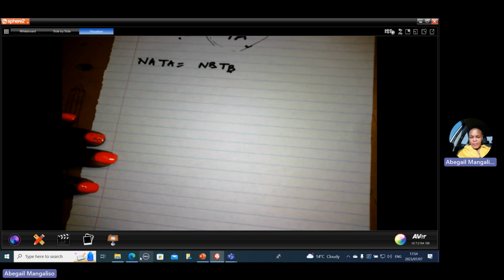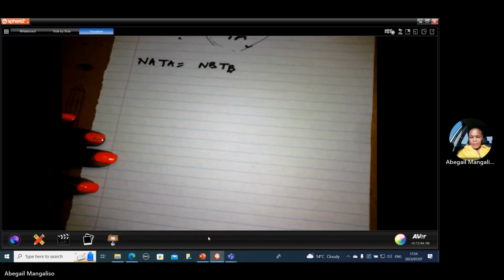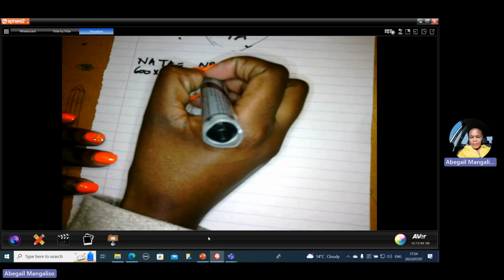Let's look at what is given. NA is 600 and TA is 75. NB is 1,800. So by substitution, 600 multiplied by 75 is equal to 1,800 multiplied by TB.